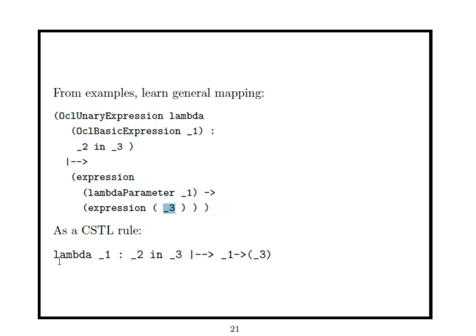And as a CSTL rule, that schematic rule looks like this, essentially based on the literal text that's derived from this tree. Lambda 1 of type 2 in 3, and that gets mapped to 1 underscore 1 arrow underscore 3.